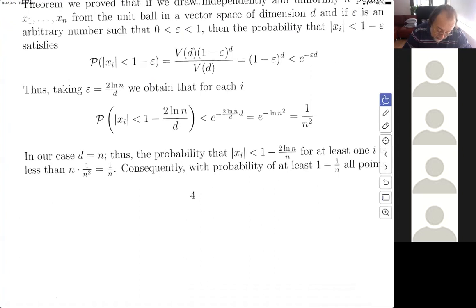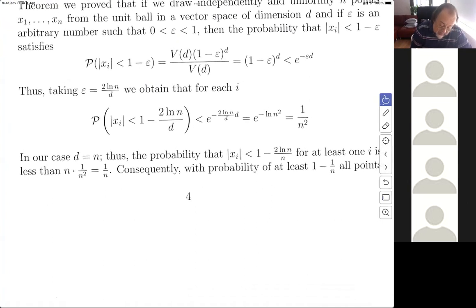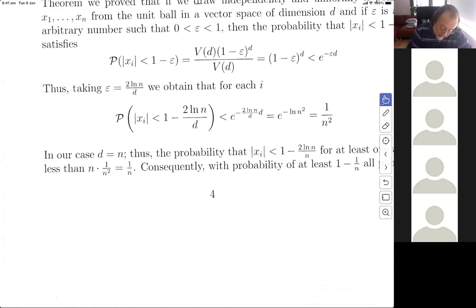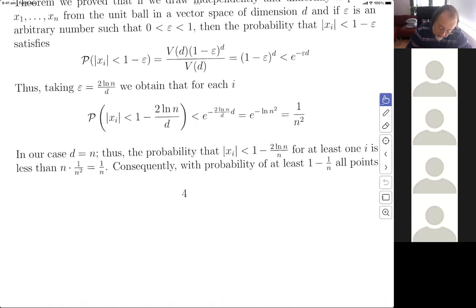So the probability that xi is smaller than 1 minus 2 ln n divided by n is smaller than 1 over n squared for each of the n points.